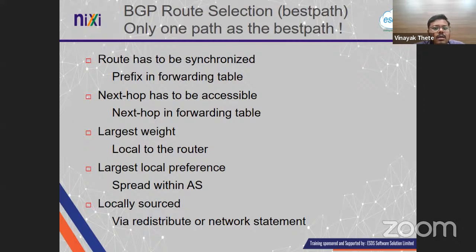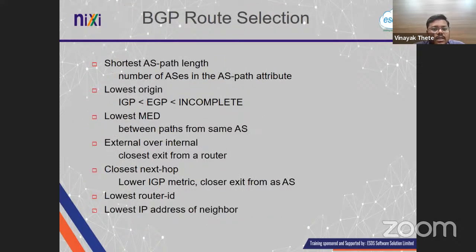On this criteria, the best path is selected by the BGP neighborship. Or if the route has the largest local preference, then that route will be selected as the best path. Or if the route is locally redistributed, then that path is selected as the best path. Or the shortest AS path is the best path for route selection.